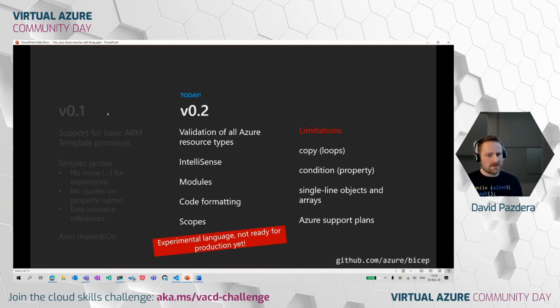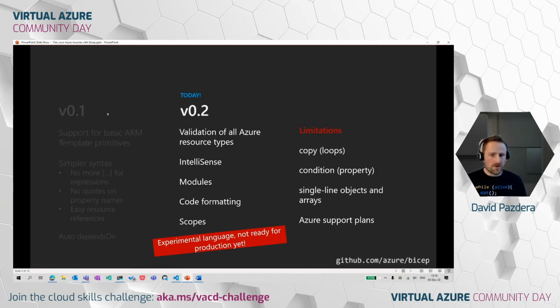It also provides the ability to split your code base into those modules that I briefly mentioned. And it also introduces something called scopes, so a possibility to deploy to both subscriptions and resource group level in one single template, for instance.